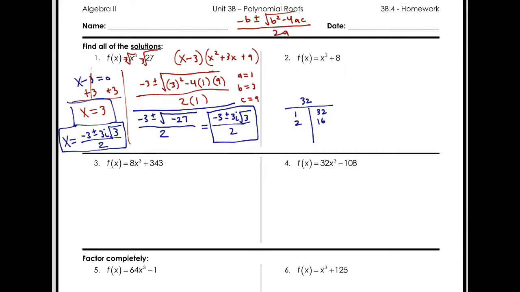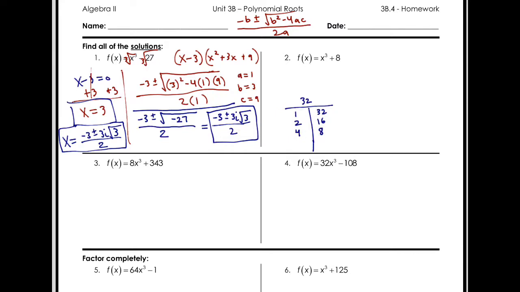Does 3 go in there? No, it doesn't. What about 4? It does. 4 and an 8. What about 5? We know 5 doesn't go in. 6 also doesn't go in. What about 7? 7 doesn't go in. And so once you get back to a point that you already have something in the list, our next number would be 8. You know you have all your factors of 32.